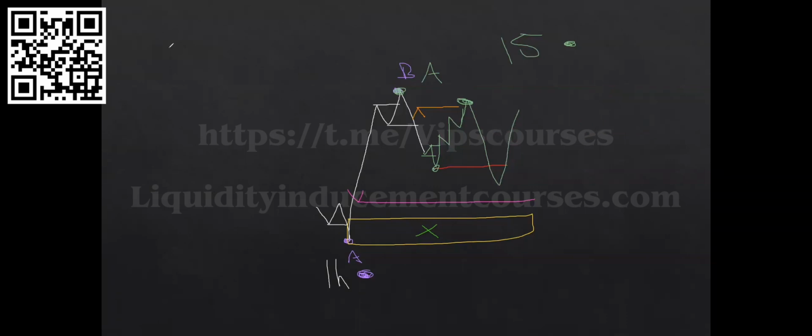So now we're talking in the perspective, let's say, right? If there was liquidity here and there was a POI just below that. So many colors, right?